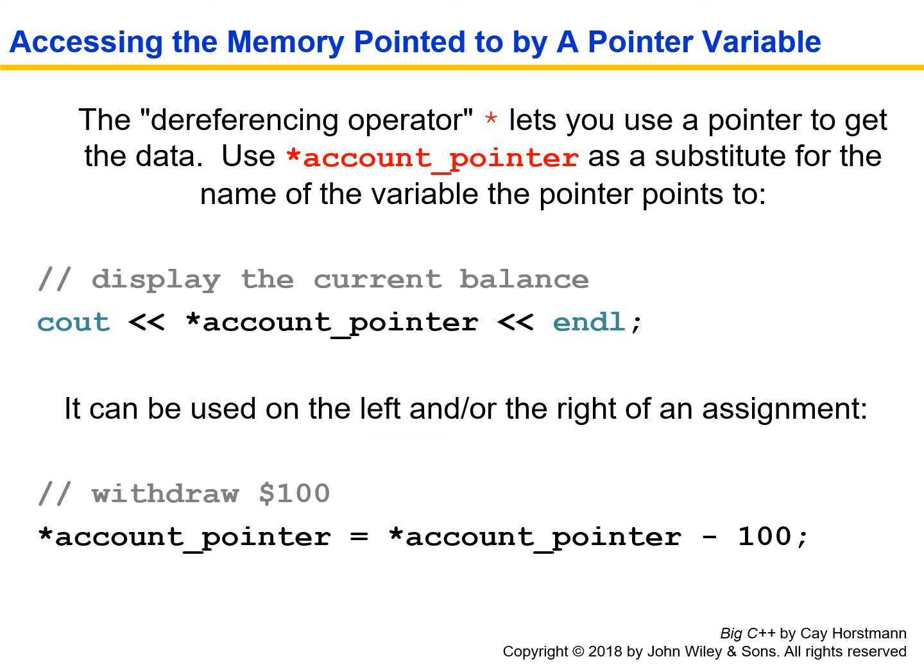And the line at the bottom of the screen here, star account pointer equals star account pointer minus 100, will take 100 out of 1,000, we have 900 left, and assign that to the value account pointer is pointing to, which is of course the joint account.